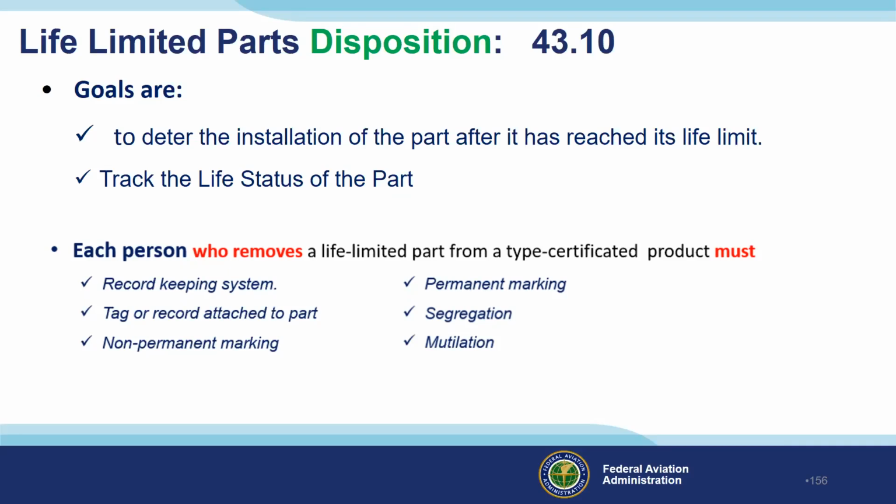And they put the onus on the person who removes the life limited part. They have to do one of those 6 things that are listed. It has to be tracked with a record keeping system, a tag or a record attached to the part, non-permanent marking, permanent marking, segregation, or mutilation. Those are the 6 things, one of which has to be done.